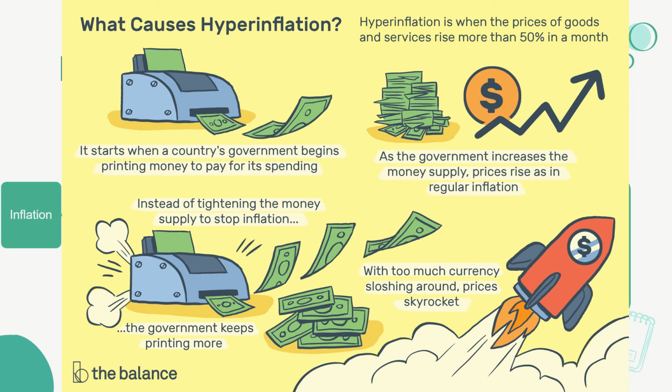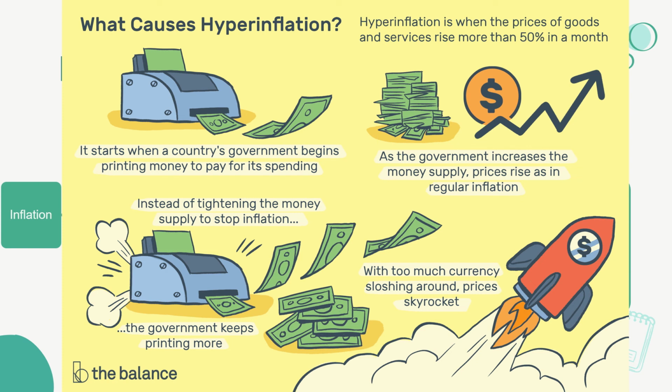So when the government starts printing more money in order to spend more in the economy, that's when hyperinflation might take place. Instead of tightening the money supply to stop inflation, the government keeps on printing more money. After the work is done, they should have tightened the money supply in order to stop inflation.